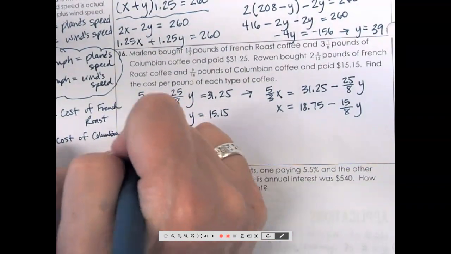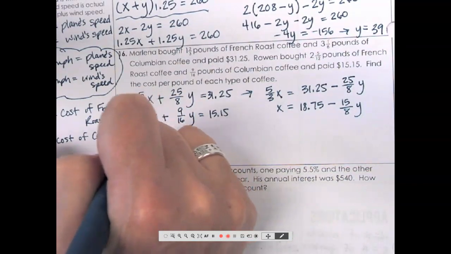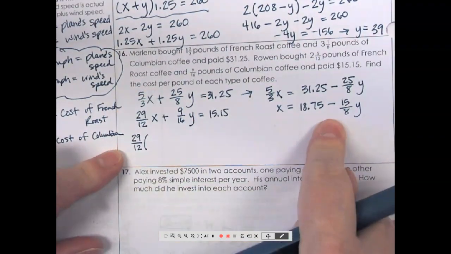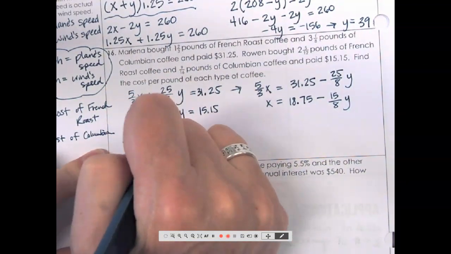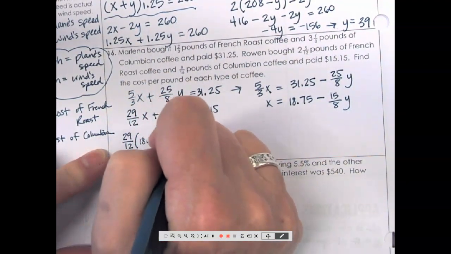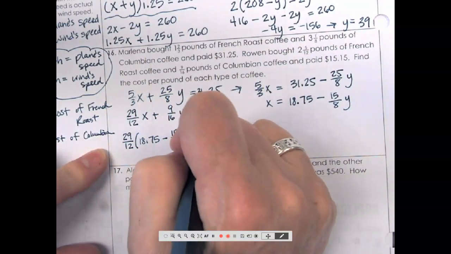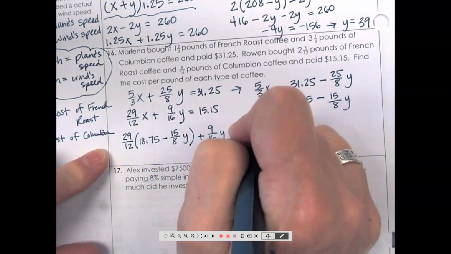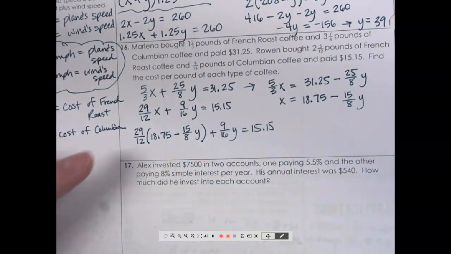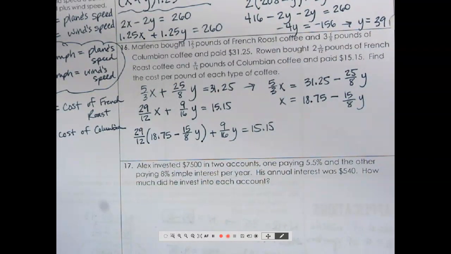All right, so I have 29/12 times that good stuff there. Thank goodness for calculators. Distribute, collect like terms, solve for y.